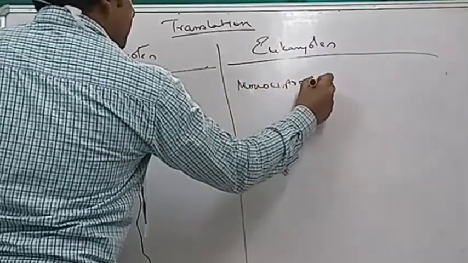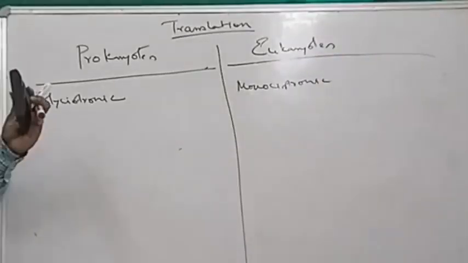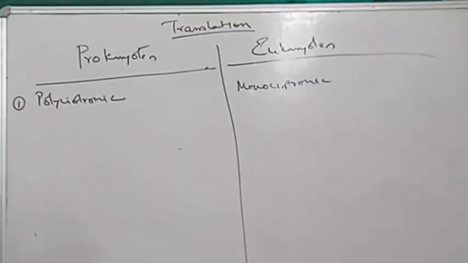So you understand what is polycistronic, what is monocistronic? Polycistronic means the mRNA will have several coding regions, and each coding region will code for a single polypeptide. So there will be more than one polypeptide coded by a segment of mRNA. So this is polycistronic. Monocistronic for eukaryotes means it has only one single coding region.